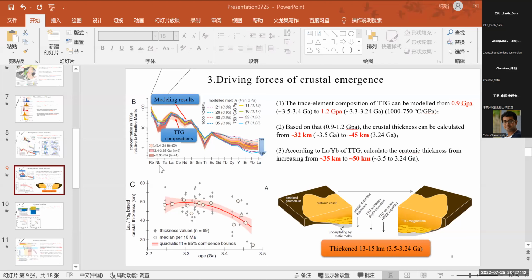For lanthanum and ytterbium, people usually analyze these two elements; they are parallel elements in geological analysis.